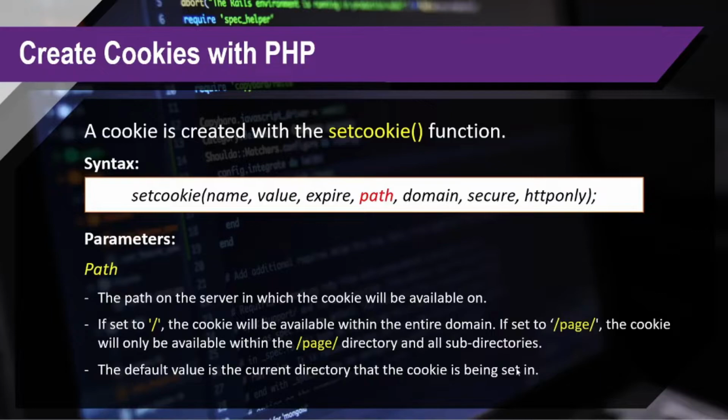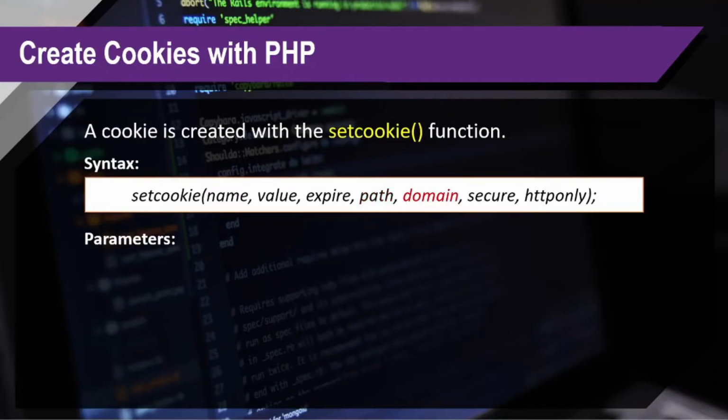Then the cookie will only be available within the page directory and all subdirectories. Okay, so the default value is the current directory that the cookie is being set in. Okay, so usually yung ginagamit ko dito is yung slash para it can be accessible within the entire domain. Okay?